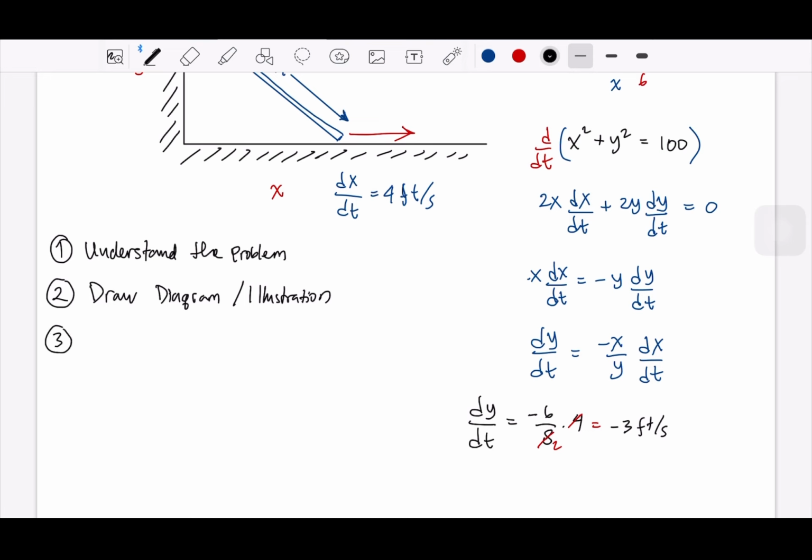Three, naming the variables. Four, express the rate.